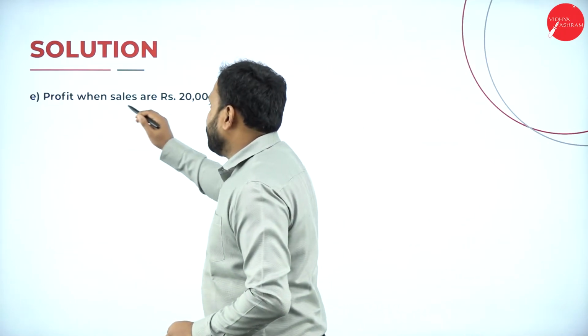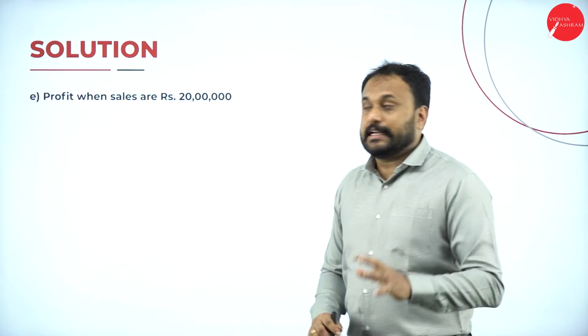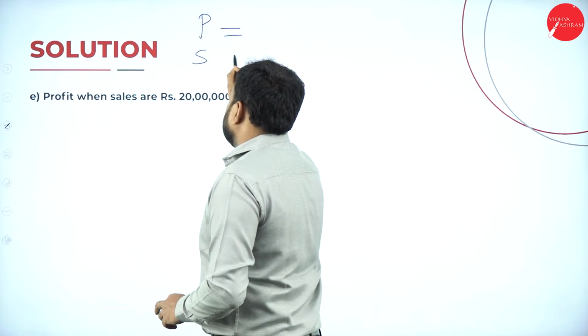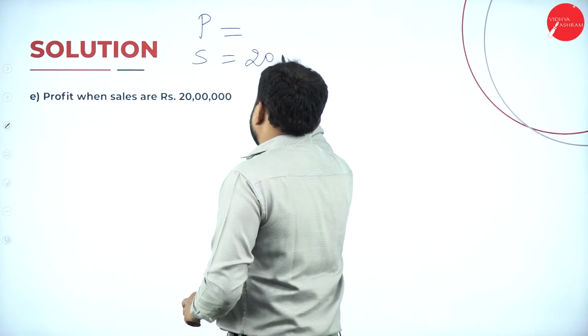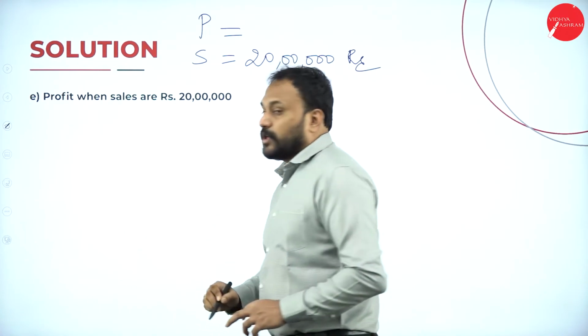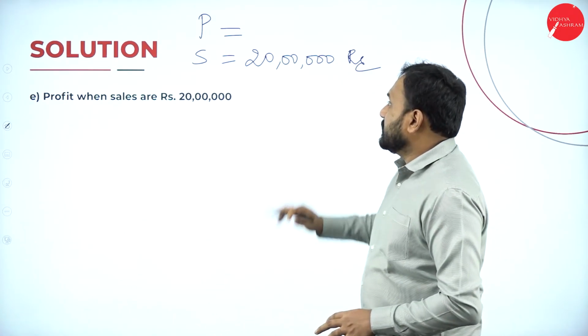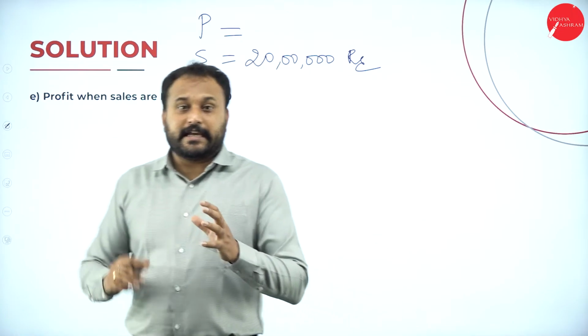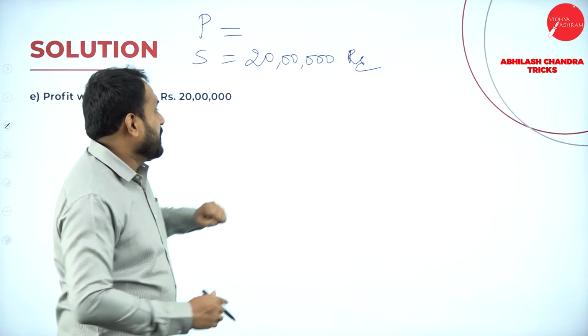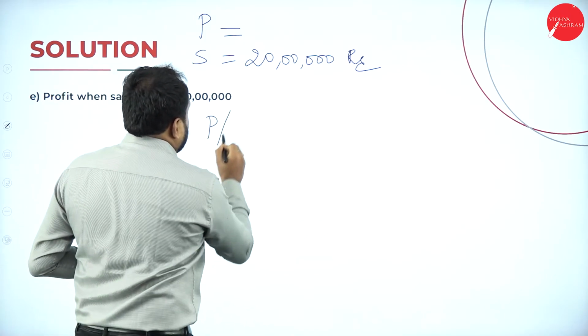The next one here is question E, that is profit when sales are 20 lakh rupees. Now again for this, how are you supposed to do it? Abhilash Chandra trick: we have a problem, we have the solution.